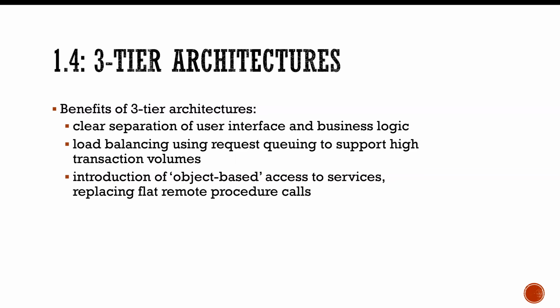And then came the introduction of object-based access to services, which replaced remote procedure calls. So in technology terms, an object is a noun. A noun is a person, place, or thing.